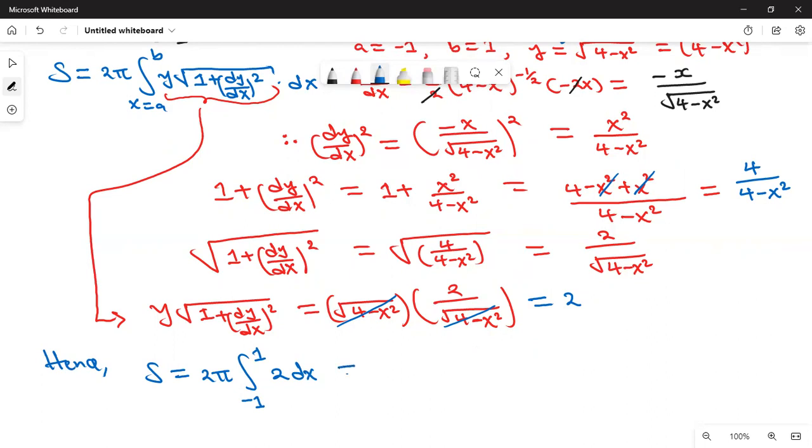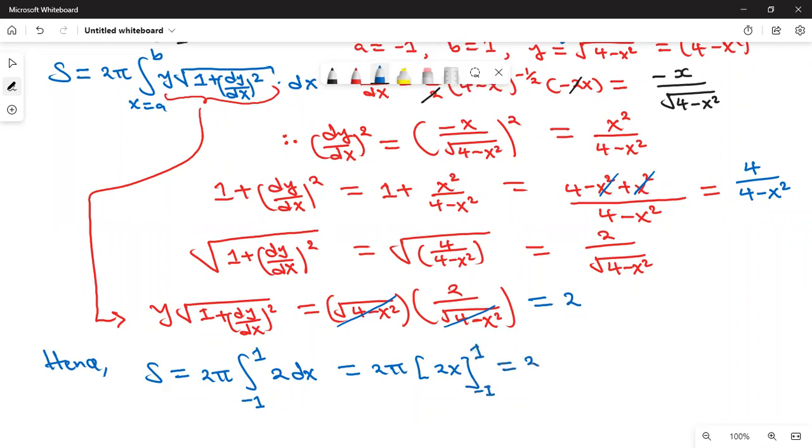When you integrate, you get 4x, not 4x, that should be 2x, correction. When you integrate, you get 2x from -1 to 1.